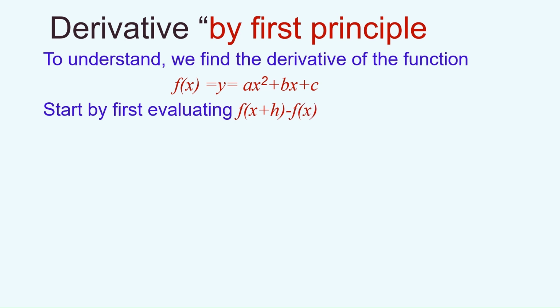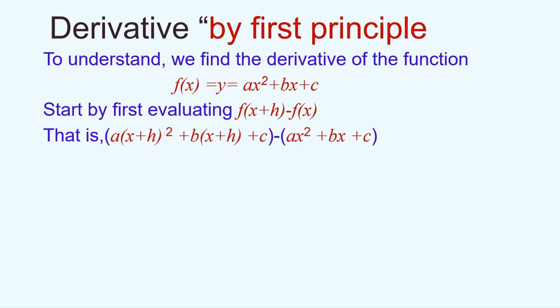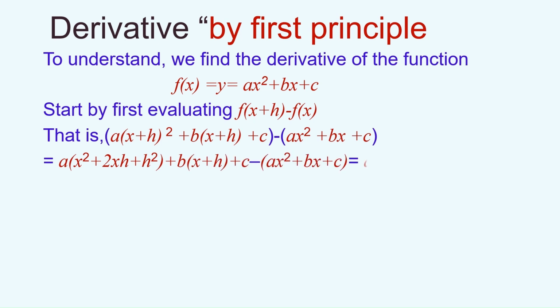That is a(x + h) squared + b(x + h) + c - (ax squared + bx + c) = a(x squared + 2xh + h squared) + b(x + h) + c - ax squared - bx - c = a times h times (2x + h) + b times h.